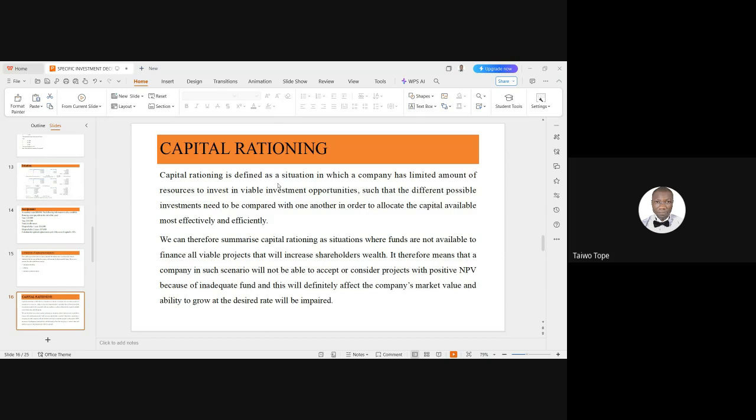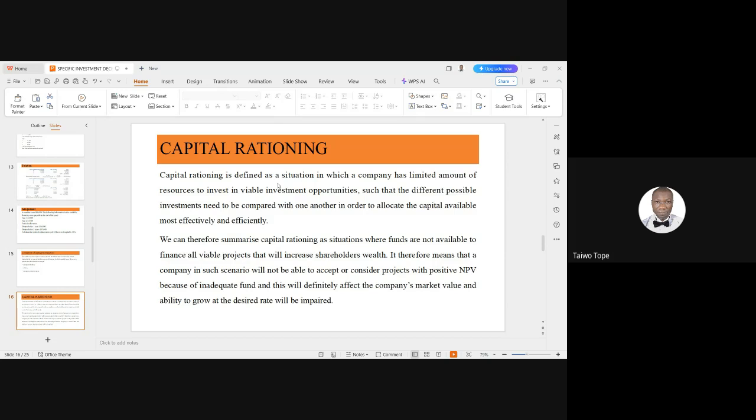It means a company in such a scenario will not be able to accept projects with positive NPV because of inadequate funds, and this will definitely affect the company's market value and its ability to grow at the desired rate will be impaired.